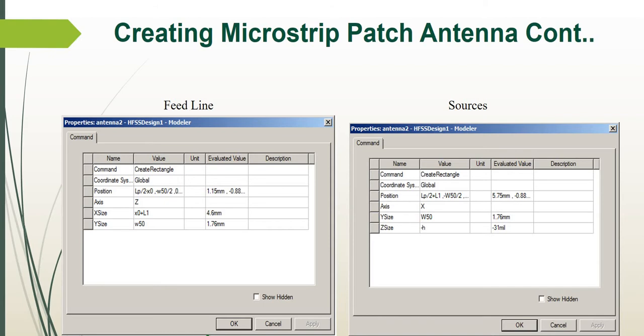Then on top of the feed line I created a source, a rectangular shape, and the parameters for the source are x and y values of 1.76 and 31 mil.